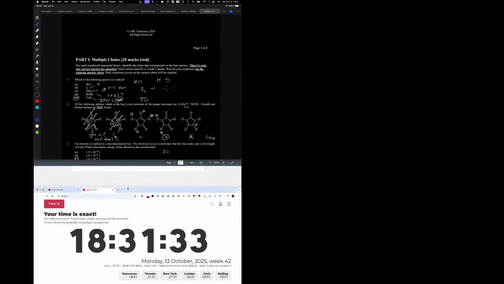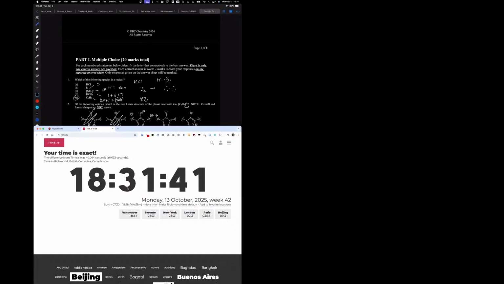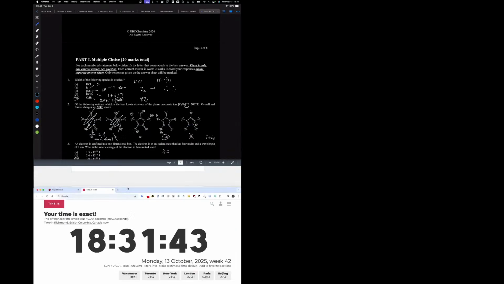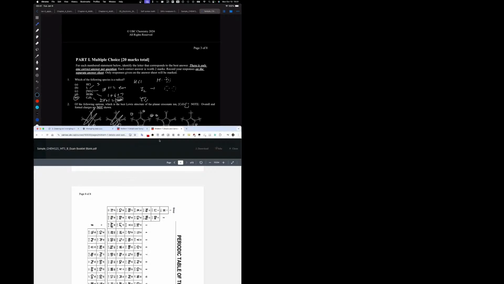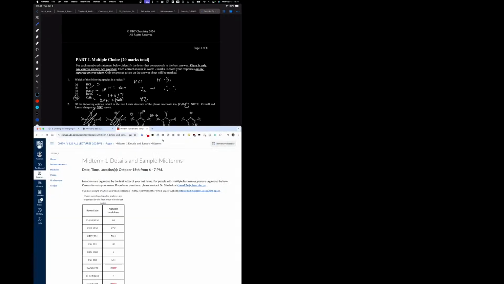Huh. Why's it doing that? It's like a little gap. Okay, that's weird. It's not using the whole thing. Alright, well, anyways, I'm gonna close these.